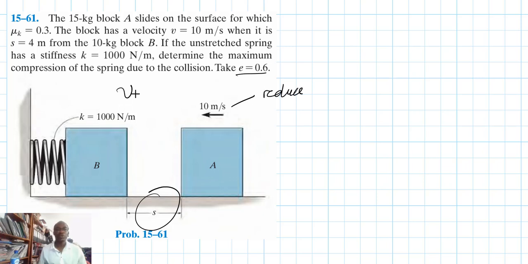So the value we are going to find here will not be equal to, it will be less than this 10 meters per second, because the kinetic energy due to 10 meters per second will get reduced due to the frictional losses experienced as this block slides over the surface, which has some friction. That just makes sense.